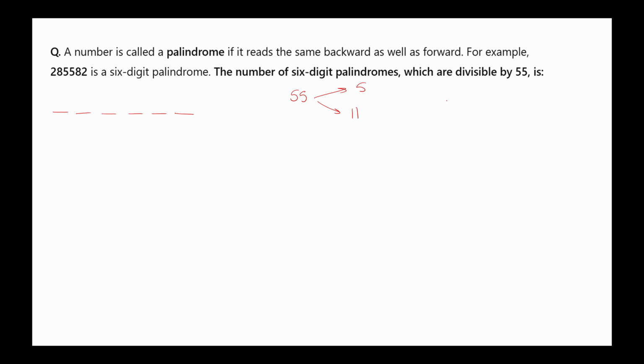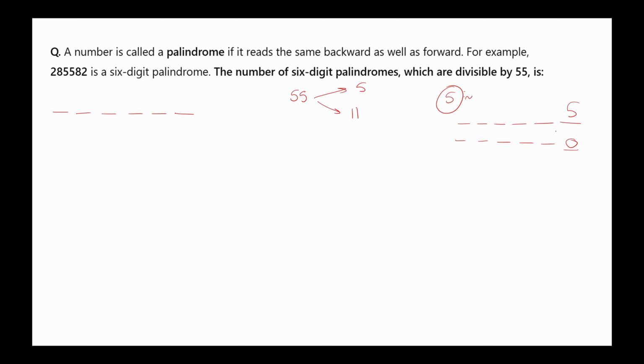Either it can be a 0, or let's say 5. If I have 5 at the end or 0 at the end, then I can say that these two numbers are divisible by 5, right?